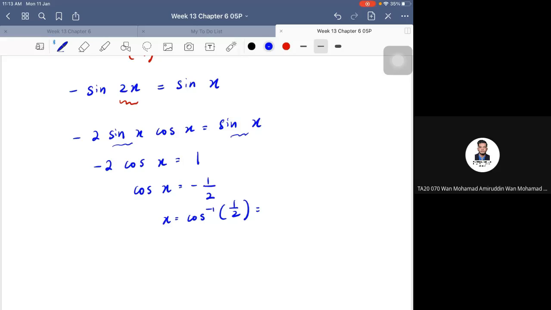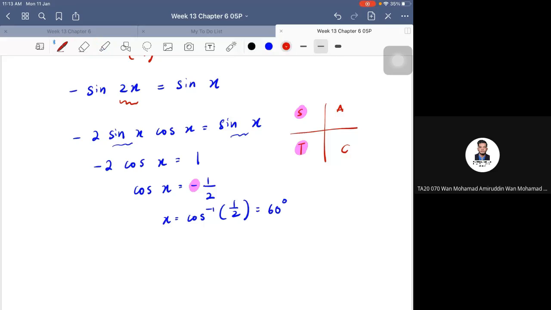Berapa? 60. Okay, so the reference angle value dia adalah bersamaan dengan 60. Kemudian you draw lah the quadrant tu. So the cast rule, sebab sekarang what happen is that, value cos dekat this particular quadrant, nilai dia adalah sama dengan negatif. So dekat mana cos negatif? So tu dekat second quadrant and also the third quadrant.